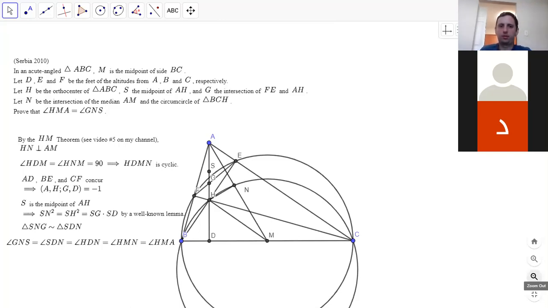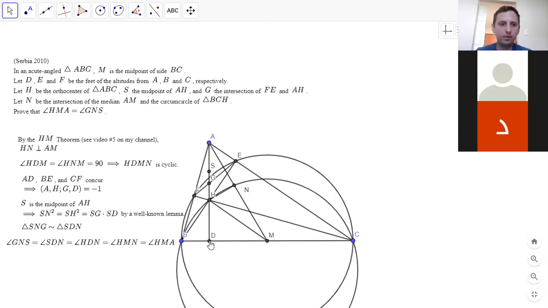Yes, this one was awesome actually, but yes, we can easily see that AHN is equal to NMD. So AHN is equal to angle AMD? AHN is equal to NMD. Yes, yes.